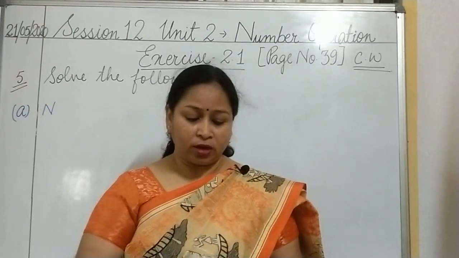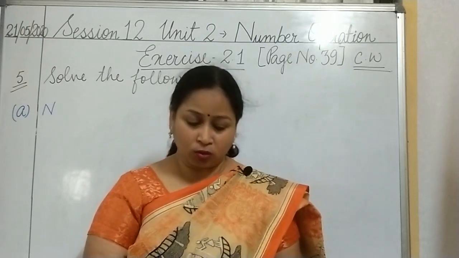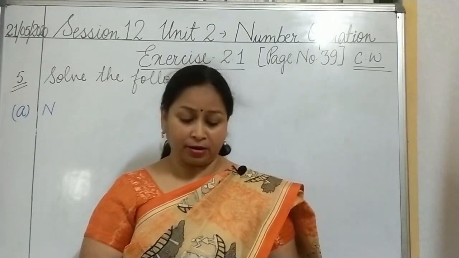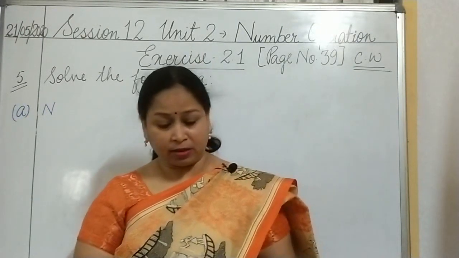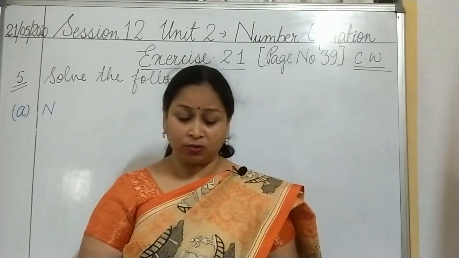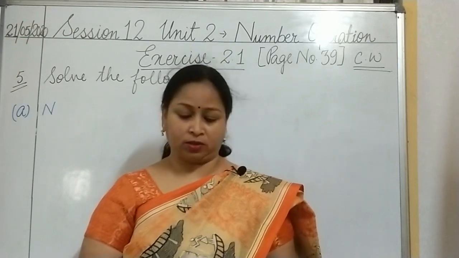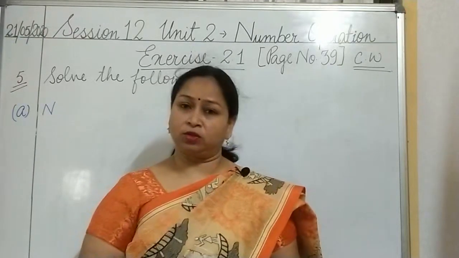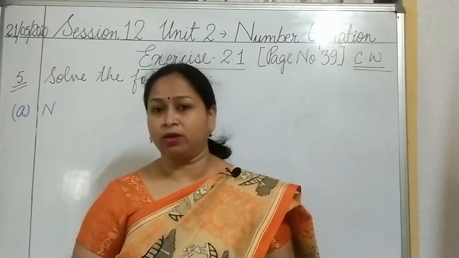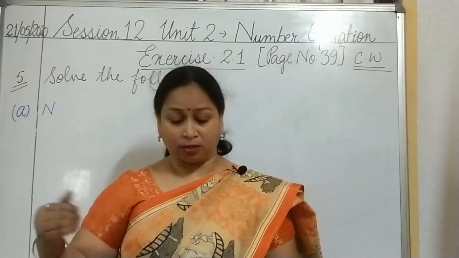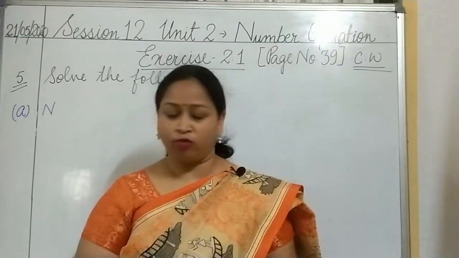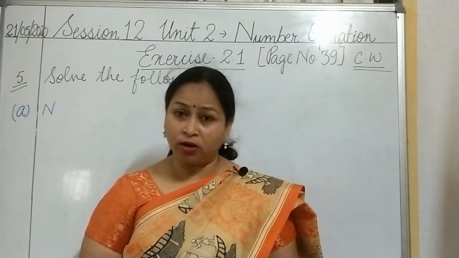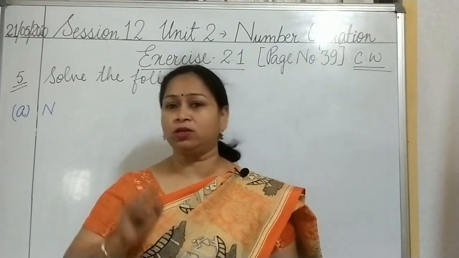Yes, so he sold 2,37,980, then 4,333, then 89,367 oranges on 3 successive days. So one day he sold some oranges, then the second day, then the third day, and at last what we have to find out? We have to find out how many oranges he sold in all these 3 days.